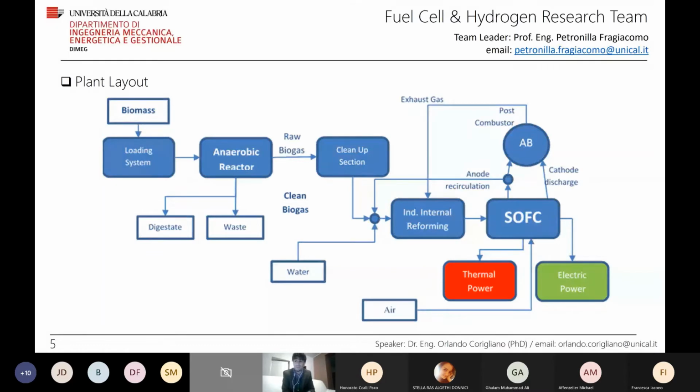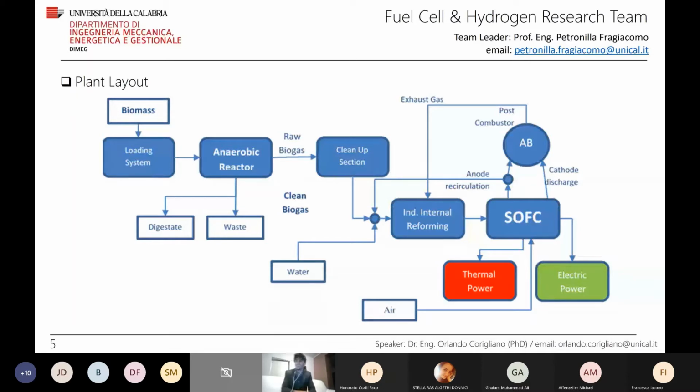The gas, which is rich in hydrogen, is subsequently converted into electric and thermal power. The exhaust of the fuel cell unit is totally oxidized in a post-combustor in order to preheat the fresh fluids.